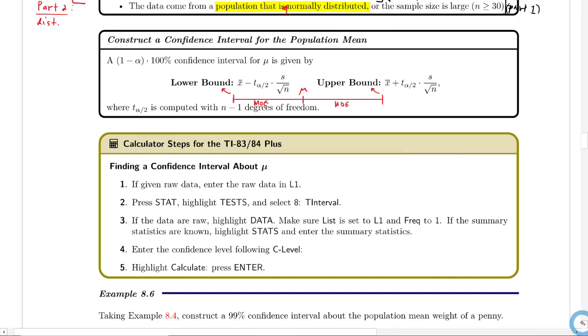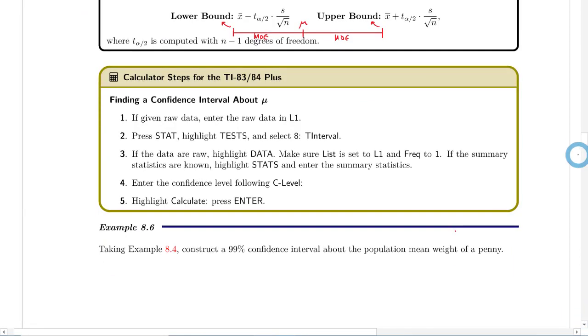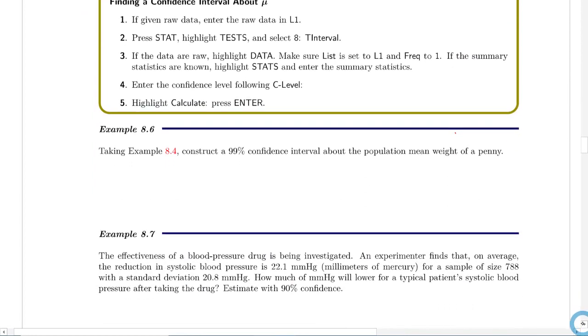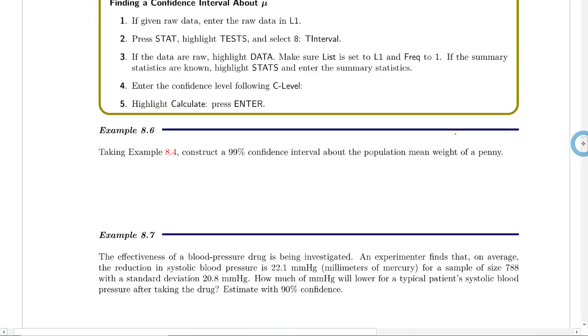Okay, and we need to know a few things. We need to know the confidence level, and we need to know the statistics or data, whatever we need, and then we can hit enter. So it's pretty simple. If we take that penny example and find the 99% confidence interval in which the population mean weight of a penny will lie, we have to go back to that example.